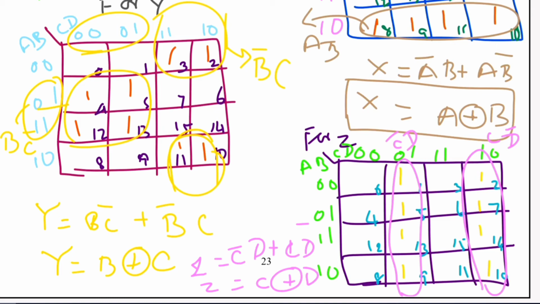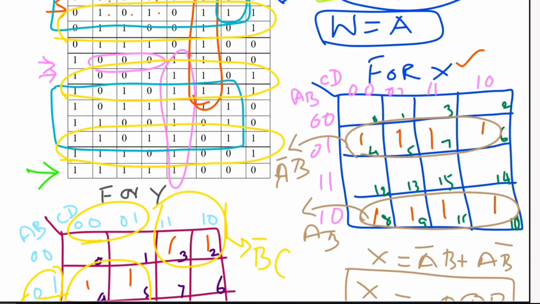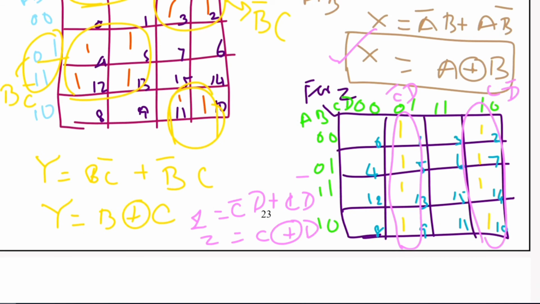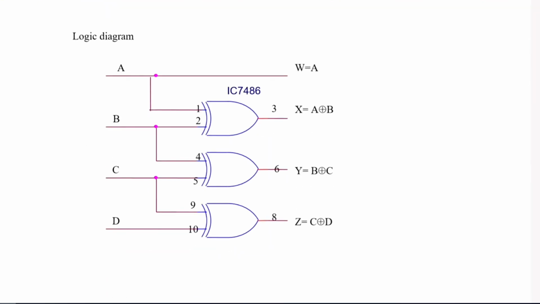So freeze everything one by one and refresh the expressions. W equal to A, X is equal to A XOR B, Y is equal to B XOR C, Z is equal to C XOR D. For this, we need to draw the logic diagram. So for the logic diagram, W equal to A, so you have to take as it is.